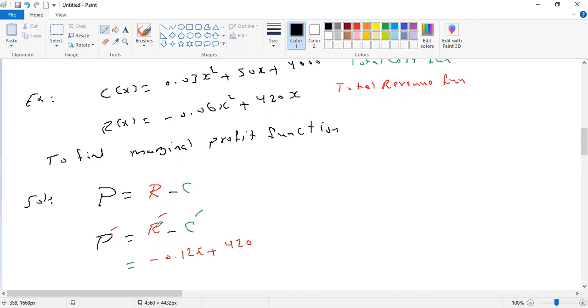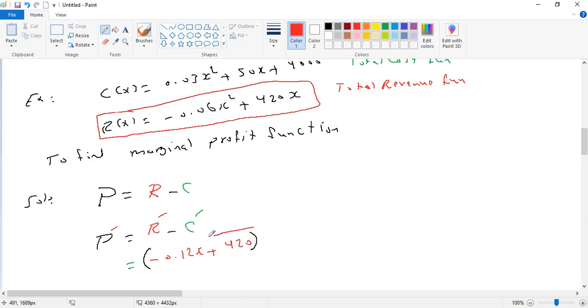This one represents the marginal revenue, the R prime.